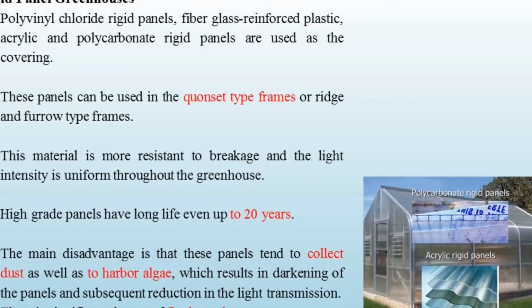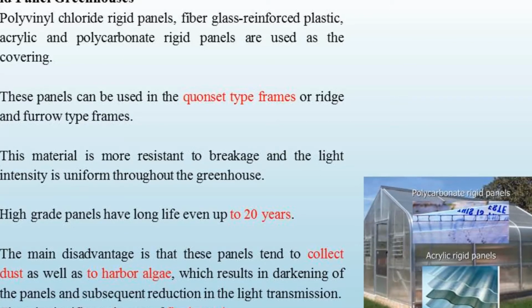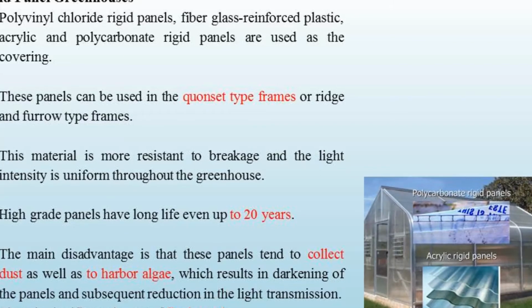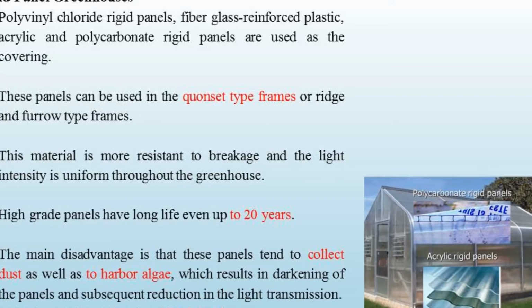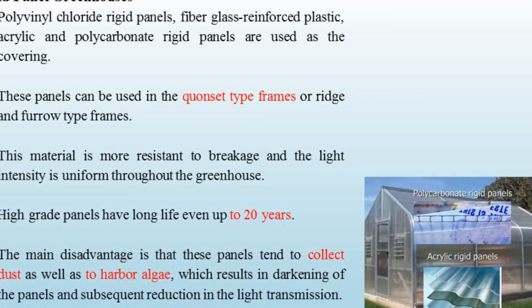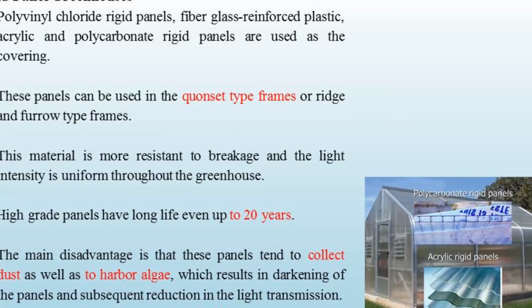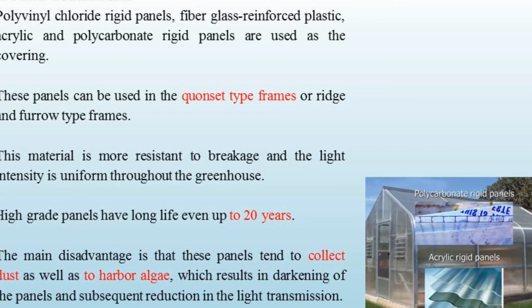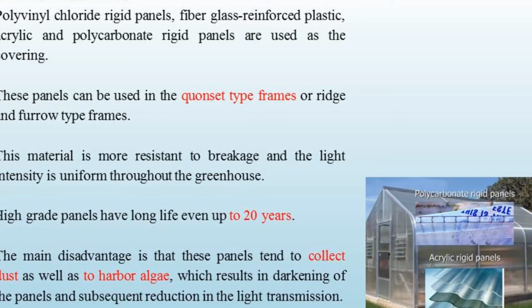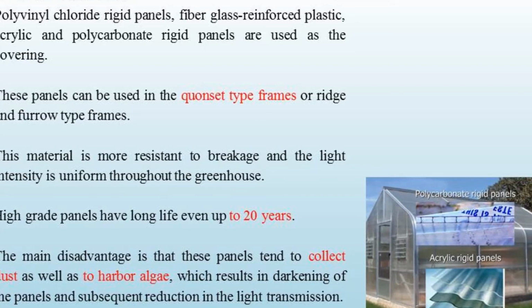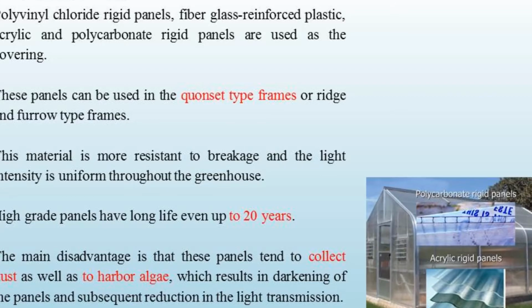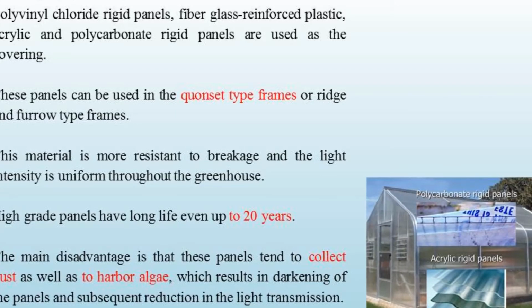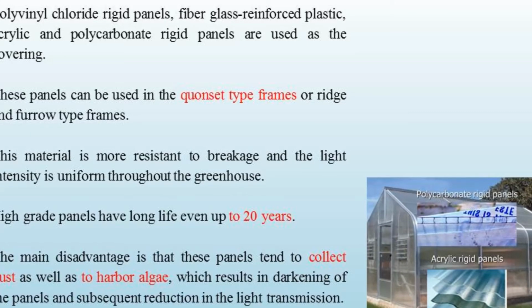And if we think about the disadvantages of this type of structure, the panels tend to collect dust and harbor the growth of algae, which results in darkening of the panels and subsequent reduction of light transmission inside the polyhouse.